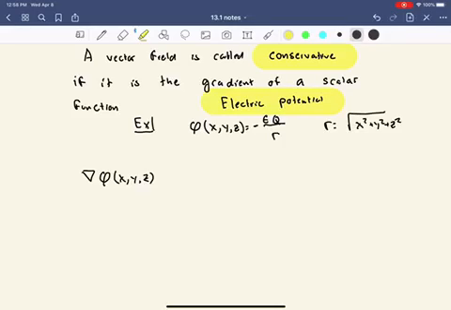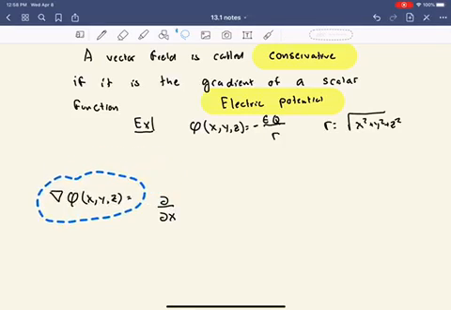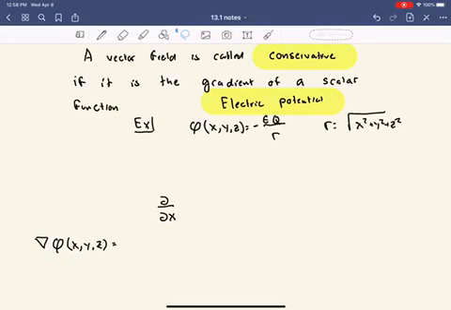Okay, so, well, let's start by taking the partial with respect to x of phi. It's going to have a negative sign there.